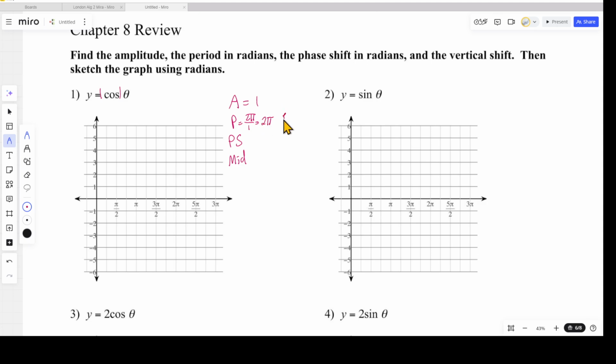I also like to write down the quarter period, which is just 1/4 of the full period. So 2 pi divided by 4, that's going to be pi over 2. The phase shift or horizontal shift, since there's nothing in the parentheses with the theta, it's just 0, no phase shift, and the midline is also 0.